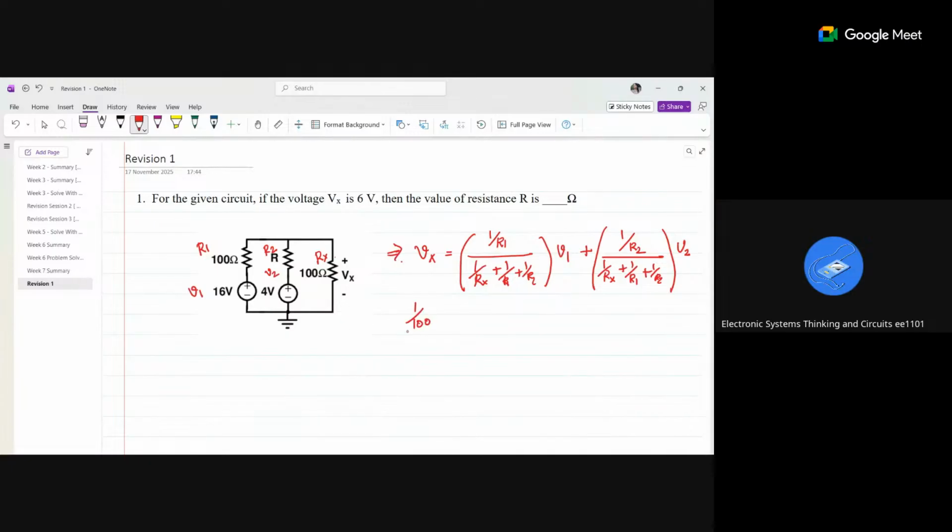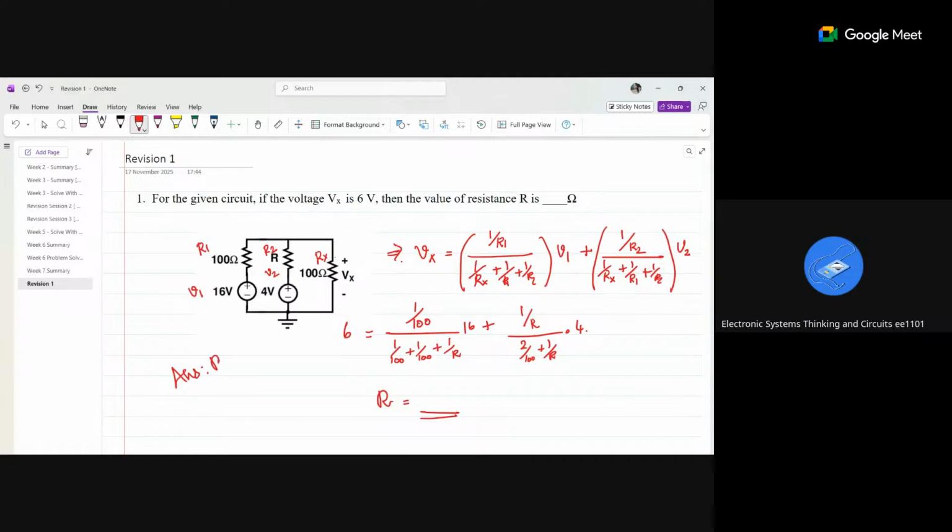So it's basically 1 by 100 divided by 1 by 100 plus 1 by 100 plus 1 by R into V1. V1 is nothing but 16. So Vx is 6 volts. So this is 1 by R divided by 2 by 100 plus 1 by R into 4. So if you solve for R, you will get the answer, right?